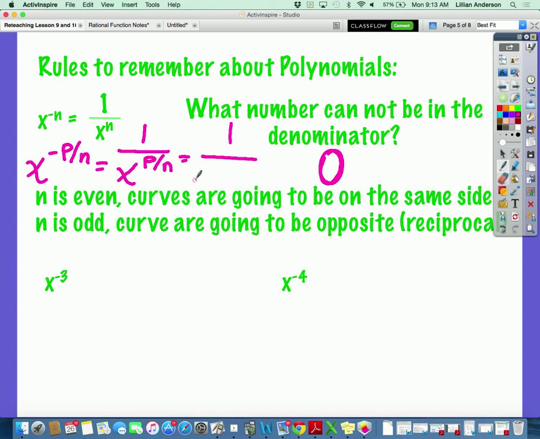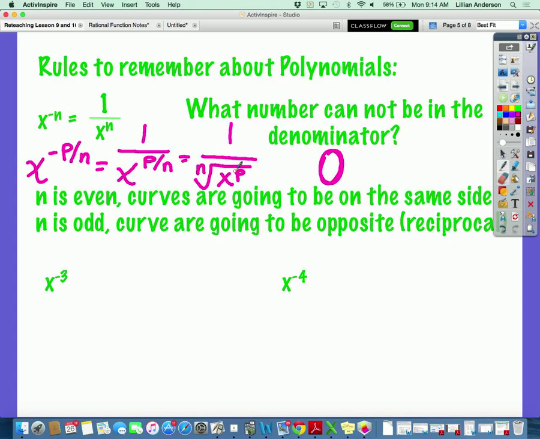This is the nth root of x to the p. If n is even, and I'm talking about an even whole number, curves are going to be on the same side. If n is odd, curves are going in the opposite direction, like a reciprocal function.